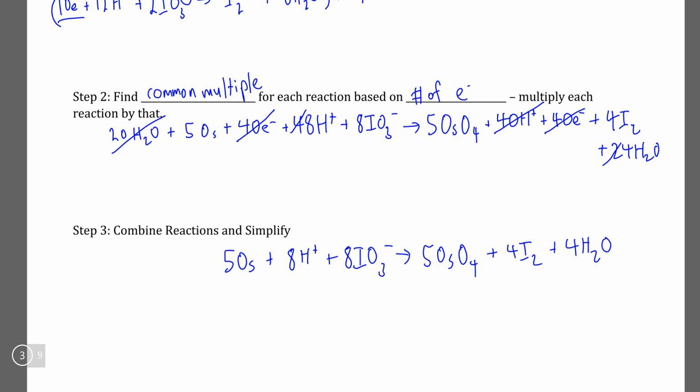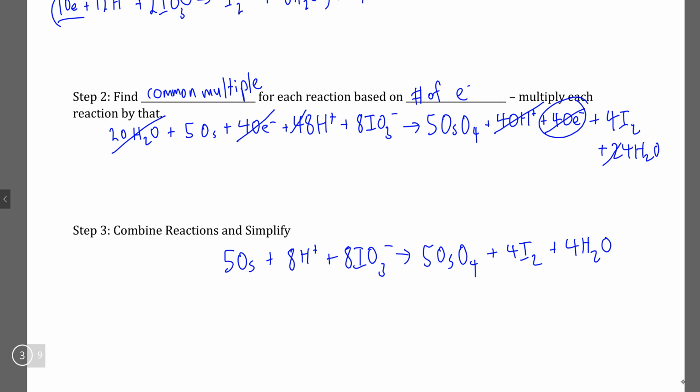And you can see, not only do we not have any electrons written in this overall equation, because the number of electrons that are gained by the reduction reaction is equal to the number of electrons lost in the oxidation reaction, so the charge balances itself out here.